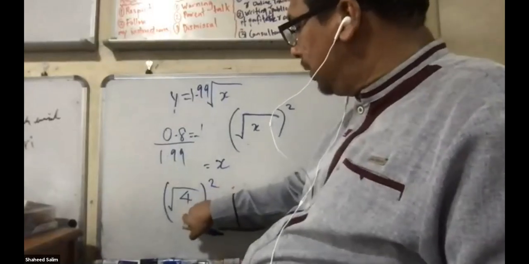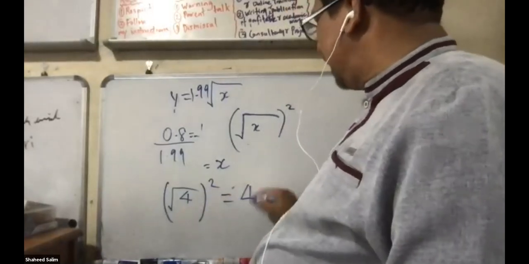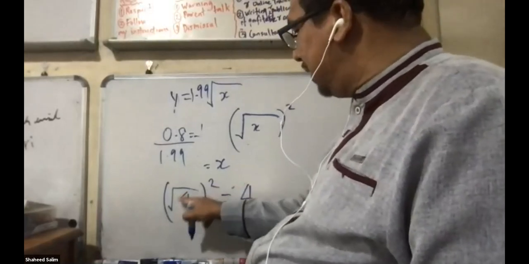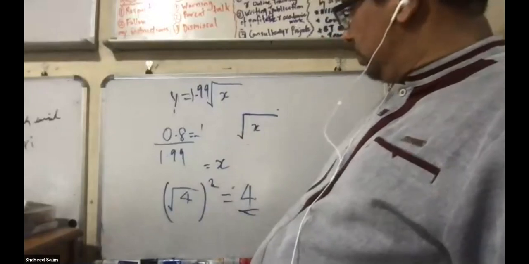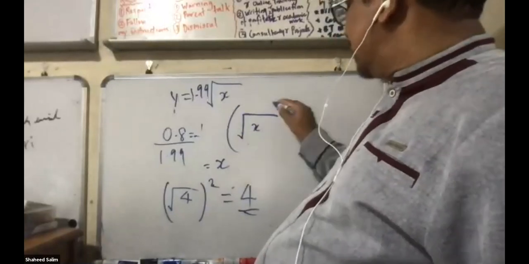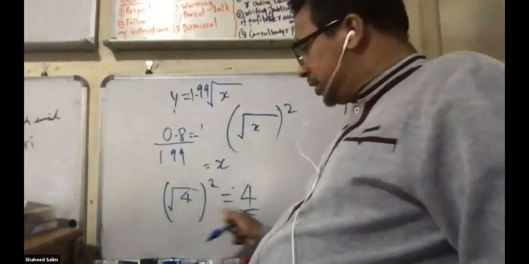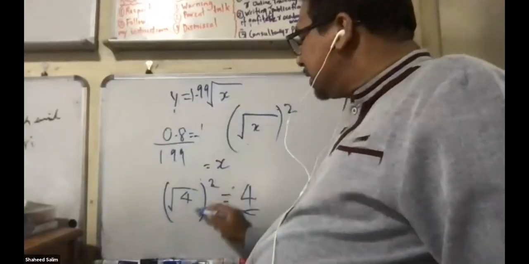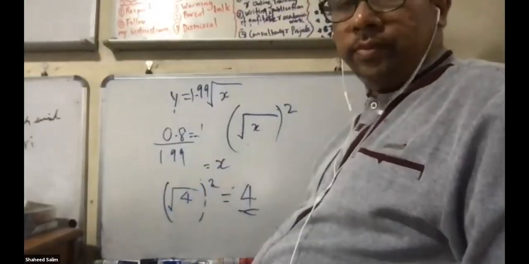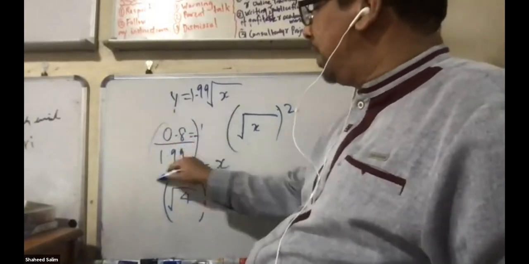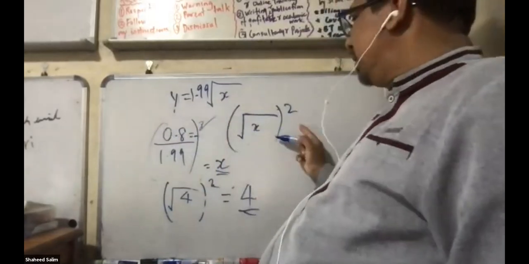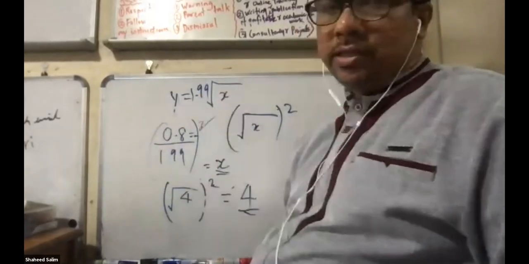Square root it becomes 2, and then you square it becomes 4. It's the same like that. Whatever number is inside, if you have a square root and you square it, it becomes the number inside. I just square the square root to get the number out, so I must also square this side to find out what the value is.